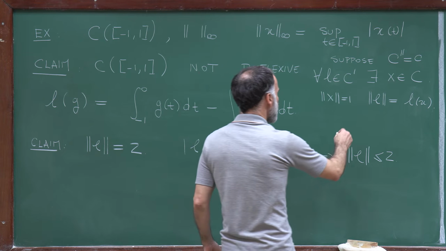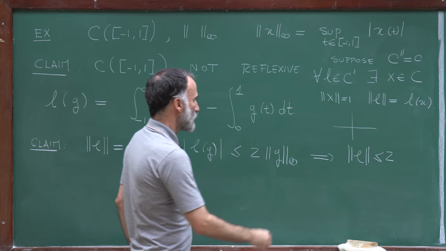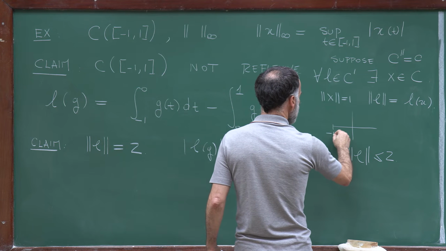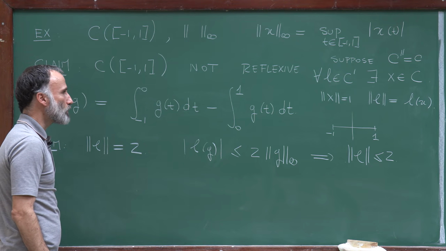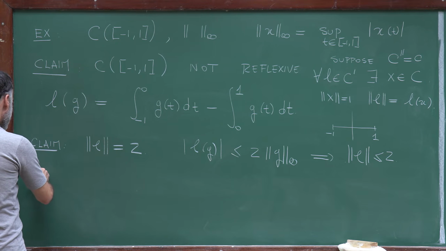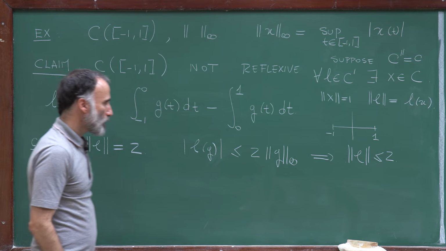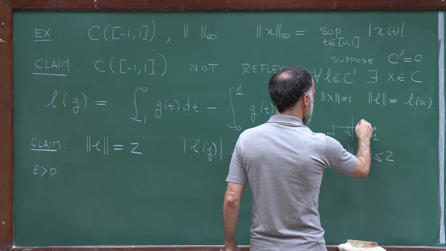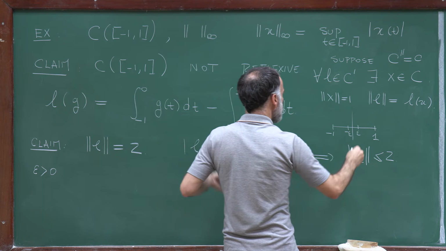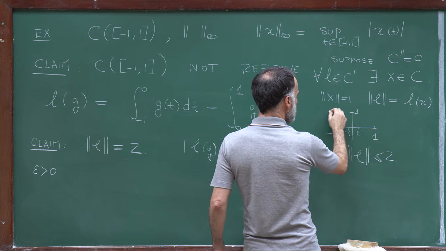So let me take a function defined from -1 to 1. I will fix a positive epsilon and consider the following function. This function will be equal to 1 from -1 to -epsilon.